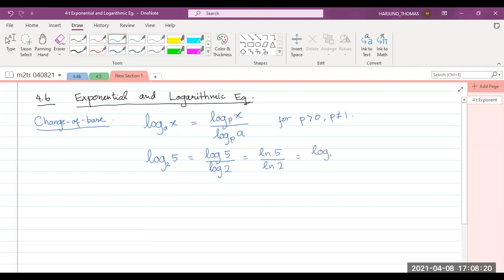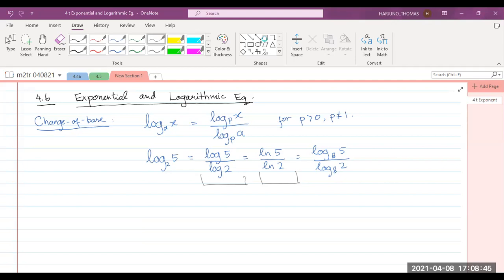So log base 8 of 5 over log base 8 of 2 is okay either way. But we will use either base 10 or base E because that's what we have on our calculator.